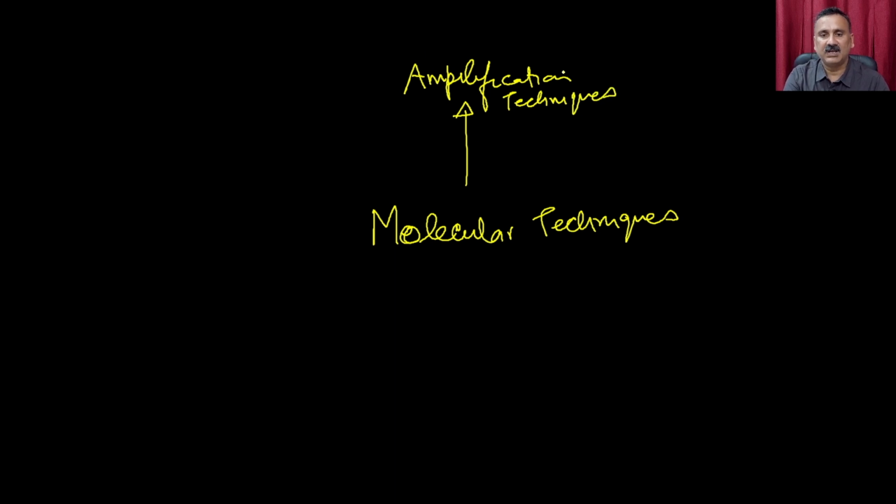Within this, you can have different types of amplification techniques such as the polymerase chain reaction, you can have real time PCR, or you can also have RT-PCR. Okay, so this is real time PCR and this is RT-PCR or reverse transcriptase PCR.